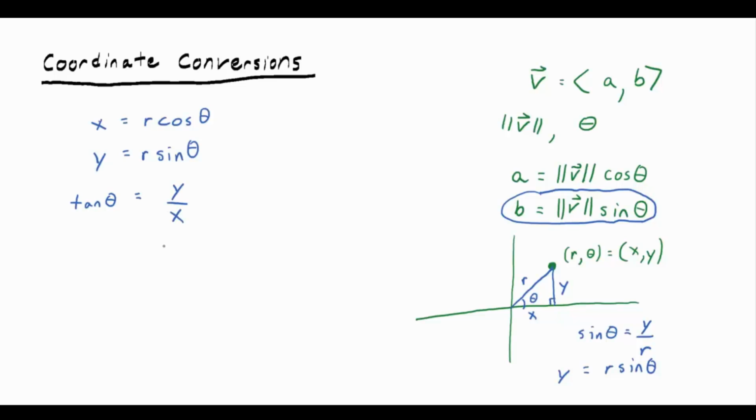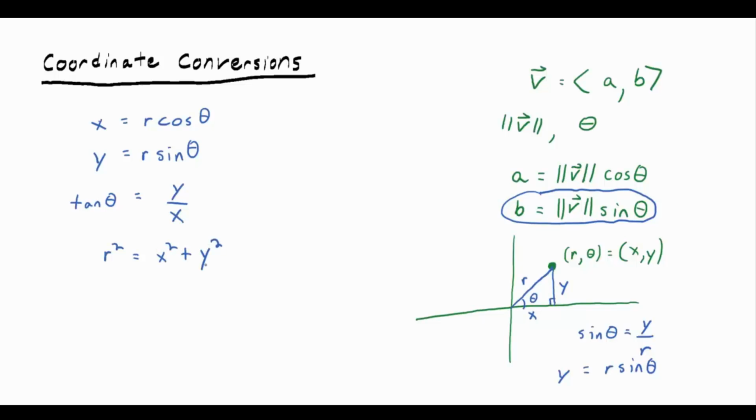And there's one more handy-dandy relationship that gives you r if you have x and y. You could just leave it in the form of the Pythagorean theorem that you're used to: r squared equals x squared plus y squared.